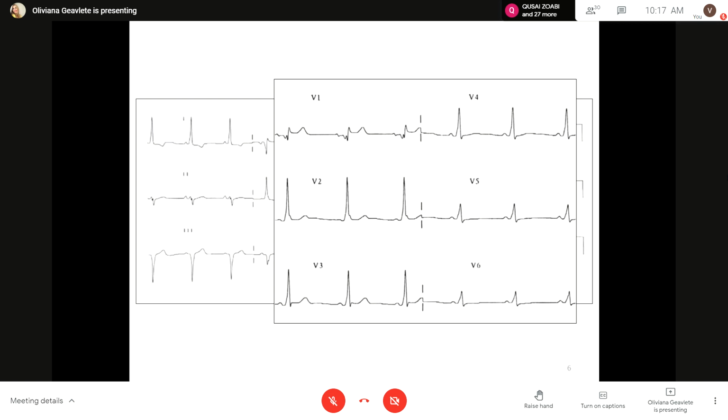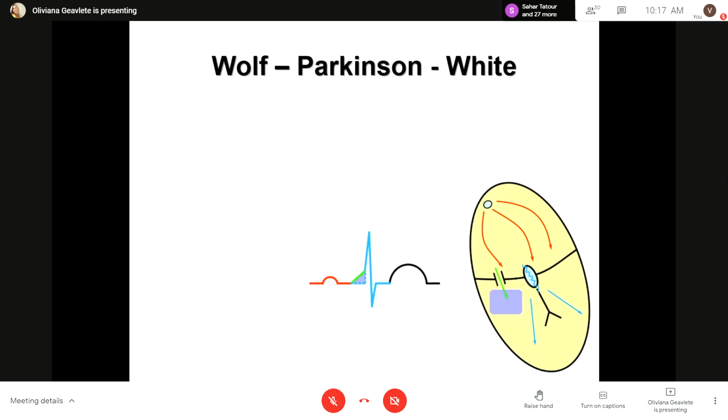And this is a patient with Wolff-Parkinson-White syndrome. WPW, I will refer to it with this nomenclature. So, in WPW, we have the sinus node.